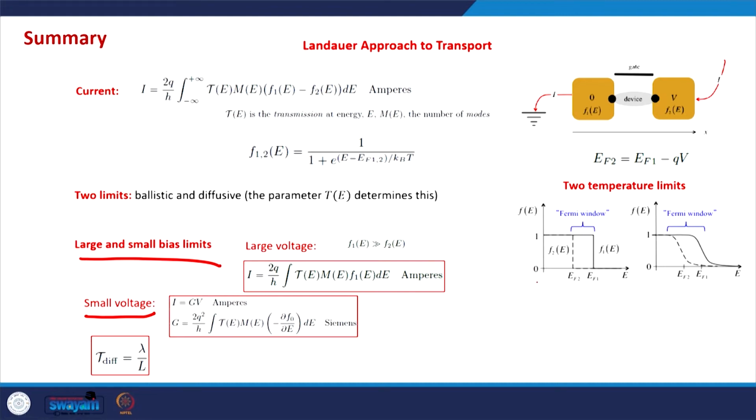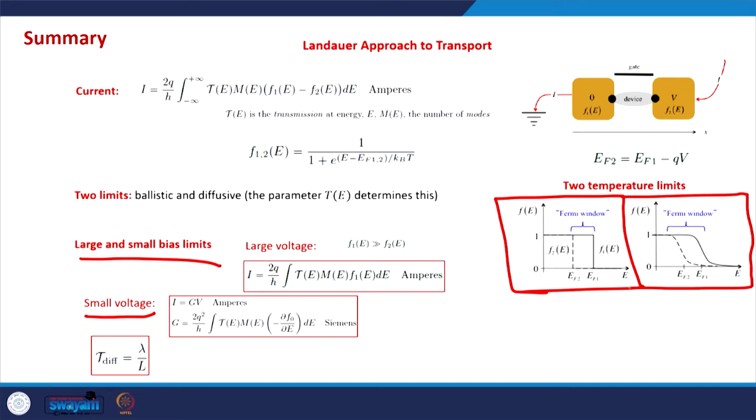At extremely low temperatures, this entire analysis becomes very easy. At higher temperatures, the idea of the Fermi window, this term F1 minus F2, becomes quite complex, and that is why we need to use the Fermi Dirac integrals.